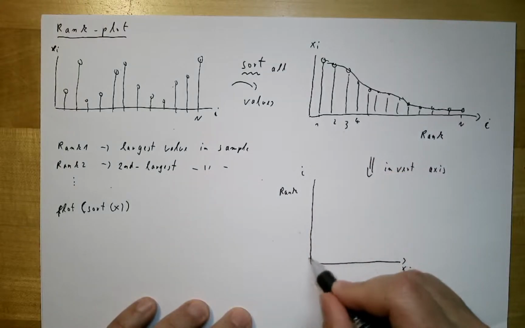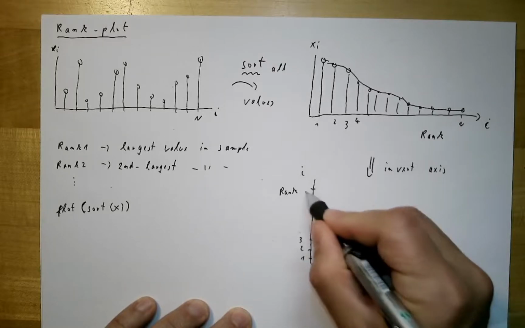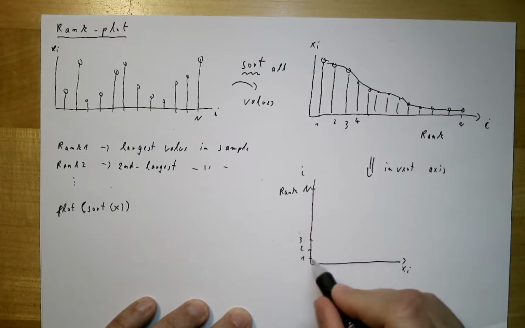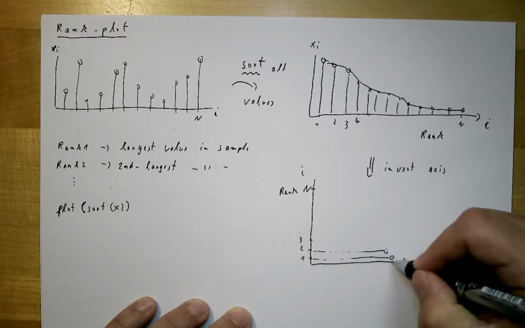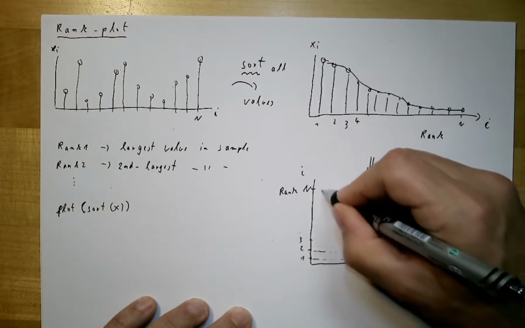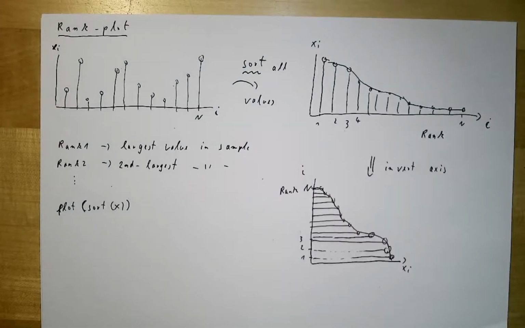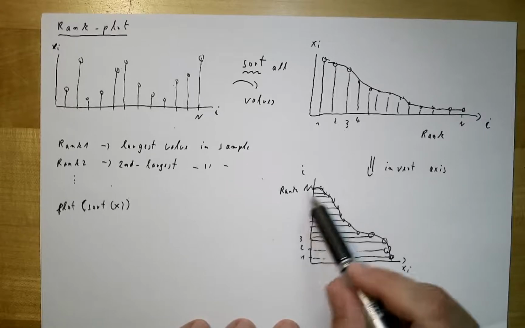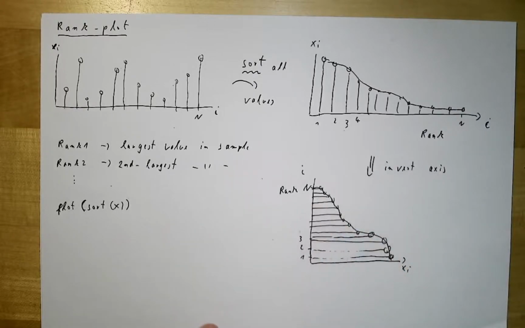So here we go 1, 2, 3 until n, and here was our largest value, second largest, and so on. So it's basically the same plot, but just everything flipped.